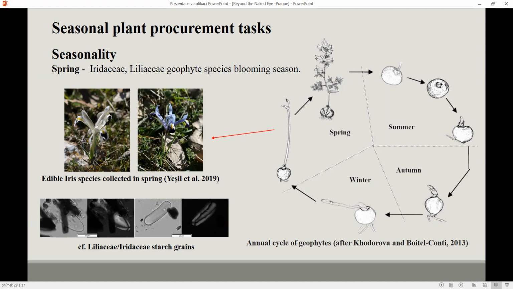For example, we know, thanks to ethnographic data from Turkey, that some Iridaceae and Liliaceae geophyte species are collected in spring when the plants are blooming. For example, this is from a study by J.C. Leal, 1929, where these tubers are identified when they're blooming and they're consumed raw, or they are also consumed in other dishes.